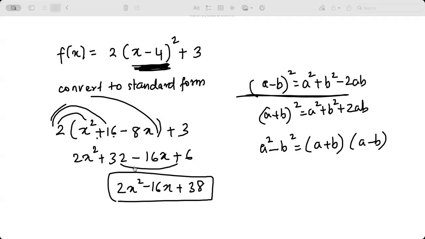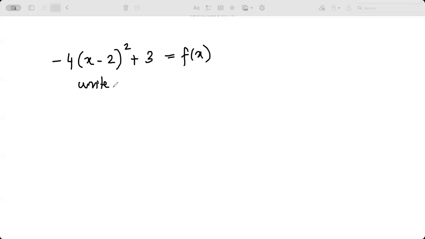Okay, so let me give you one more problem in this and then let's move on. Adyan, still your internet is not right. Minus 4 times x minus 2 the whole square plus 3. This is f of x. Write in standard form.